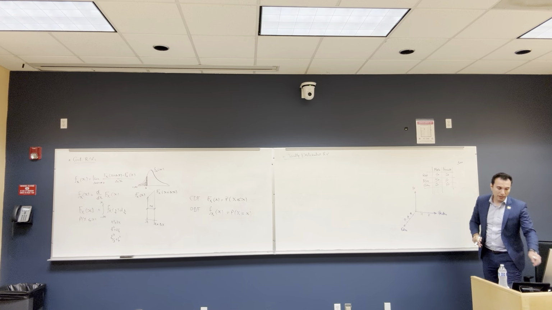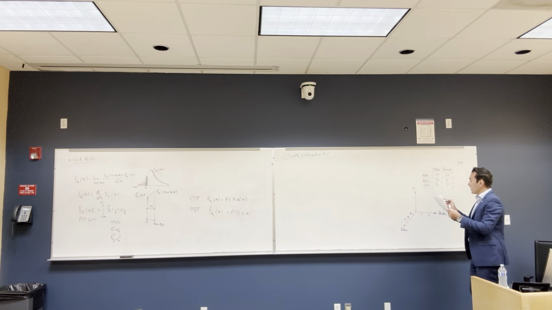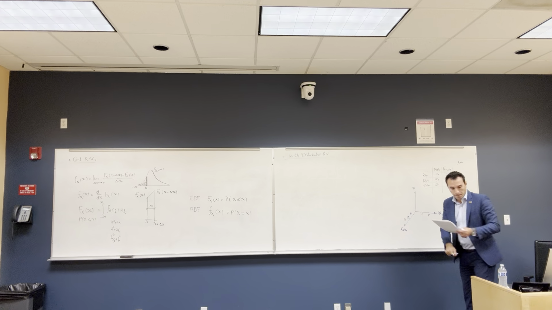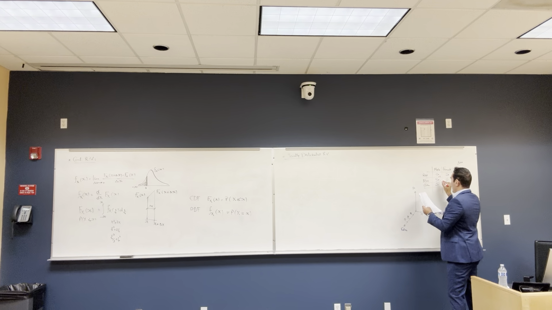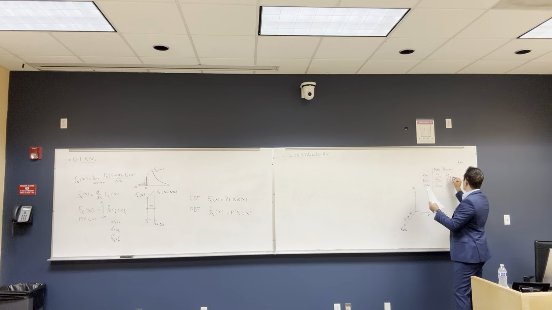If you divide 90 over 300, it's going to be 0.3. And this is going to be 0.167, and this is going to be 0.067, 0.067, and here 0.2, and this is 0.2.